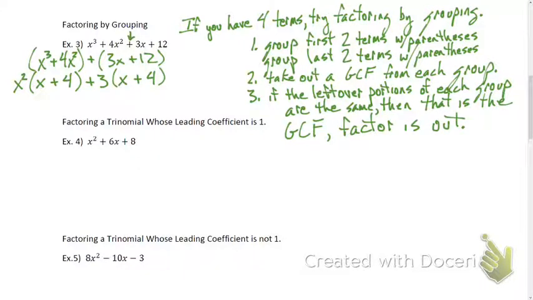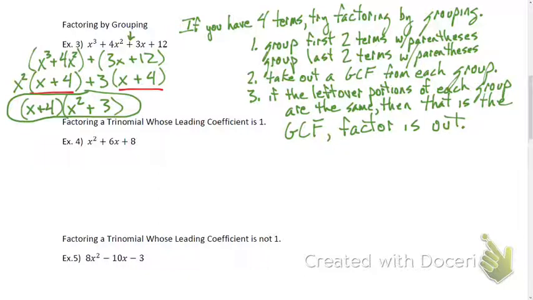And look, the leftover portions are the same. If you look back at number 2, this looks very similar. Both of these have an x plus 4, so according to step 3, x plus 4 becomes our new GCF. You factor that out and write the leftover. So I write x plus 4, that's the GCF, and then the leftover is the old GCFs. It's very weird. So I have leftover x squared plus 3, and that's it.